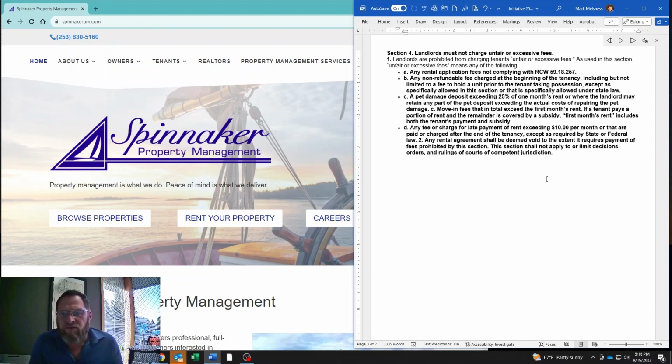Also in C, there's also a second section C. I believe that's supposed to be in an additional area, like it should have been a D and then there's another E area. The move-in fees that exceed the first month's rent.